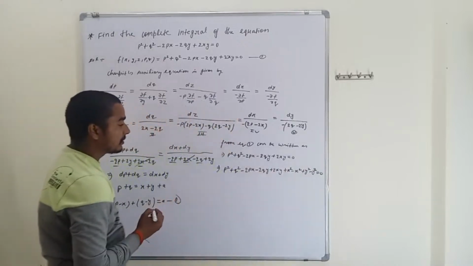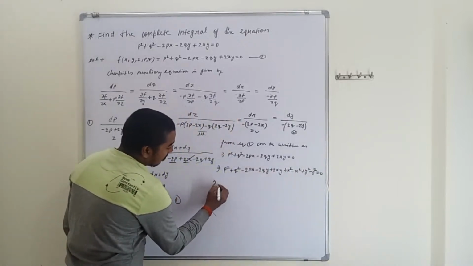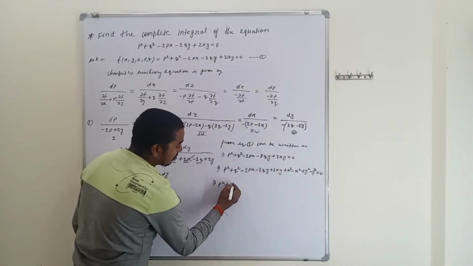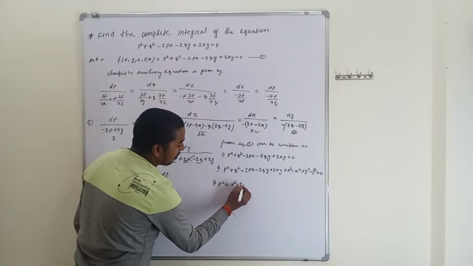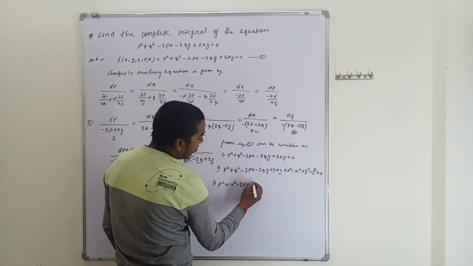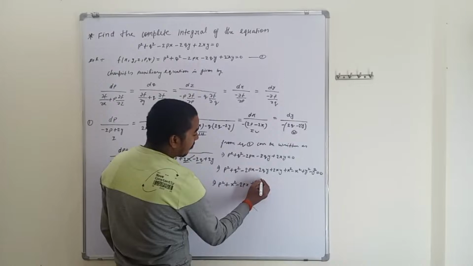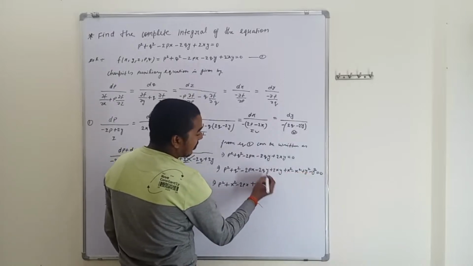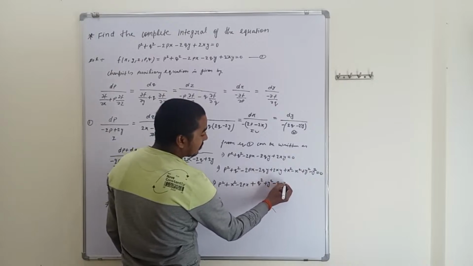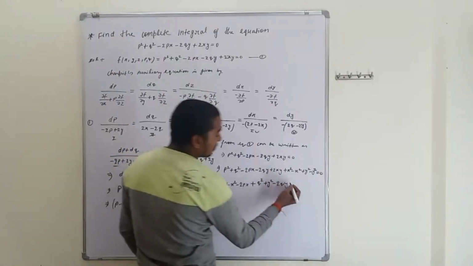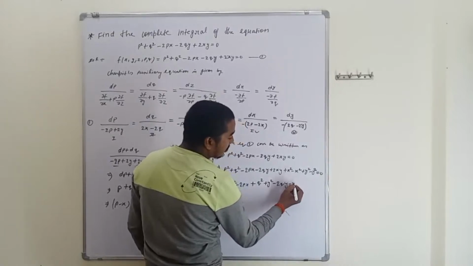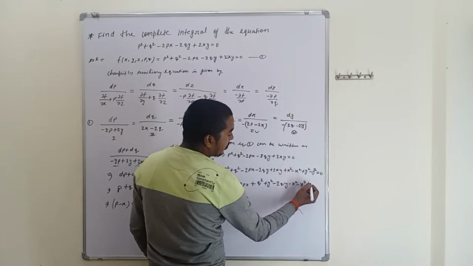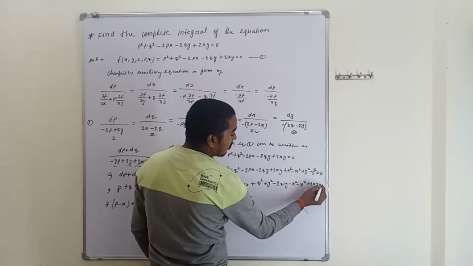We have to take p square plus x square and minus 2px, and from here q square, and from here plus y square and minus 2qy, and the remaining is minus x square and minus y square and plus 2xy is equal to 0.